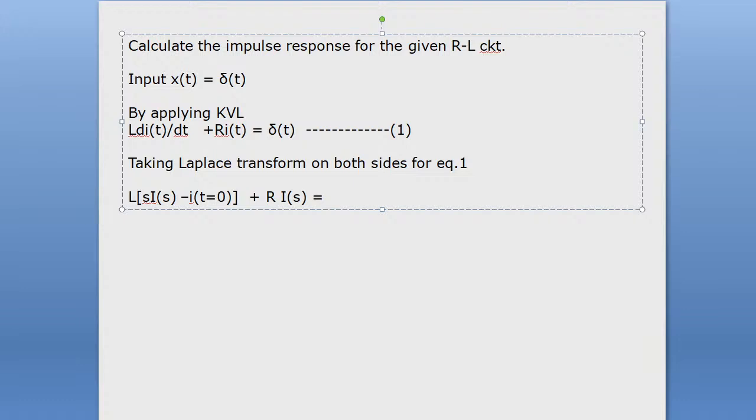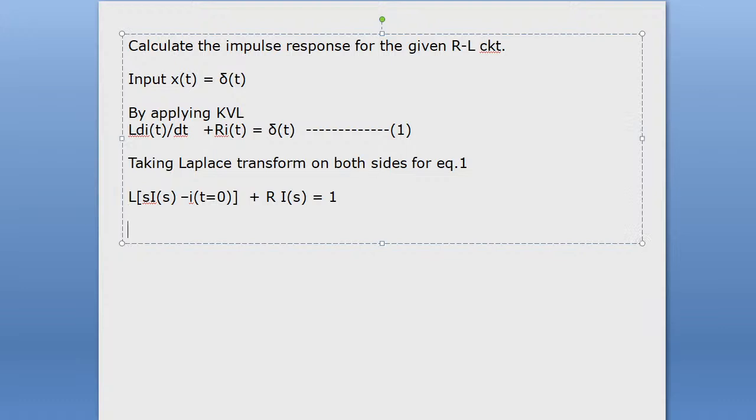I have derived the Laplace transform of an impulse function or a delta function in the previous class. The Laplace transform of a delta function is equal to 1. Now you write Laplace transform 1.